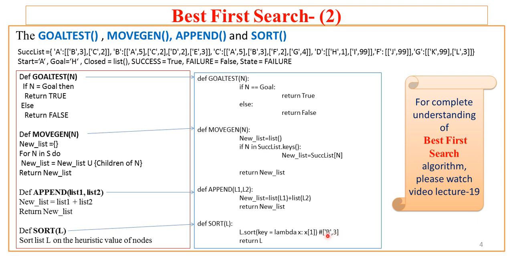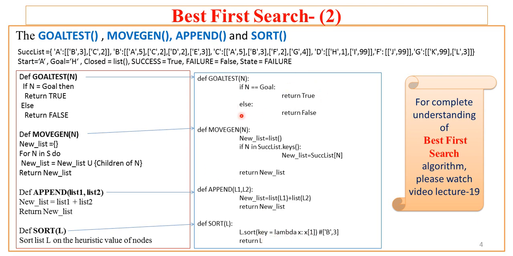So if I call this whole thing x, then this will be x of 0 and this 3 will be x of 1. What we are telling the sort function using key, this lambda anonymous function, is to sort the given list based on the heuristic. That's why we have used x of 1 here, and the sorted list is returned.